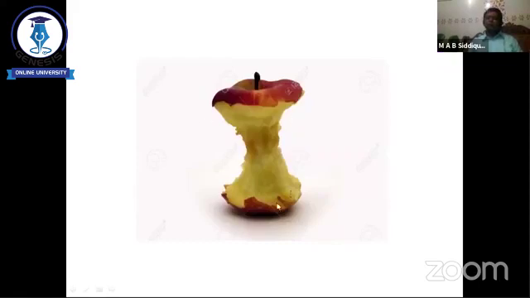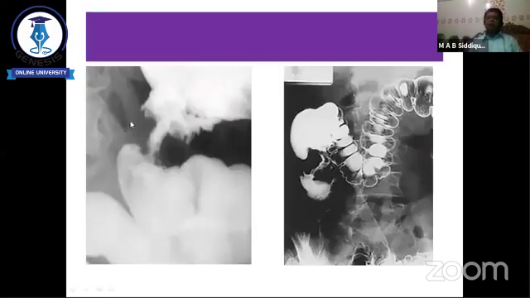The narrowing is in the middle, and there is a shouldering effect. Middle narrowing and shouldering effect, irregular narrowing, this is a typical feature of colonic carcinoma.